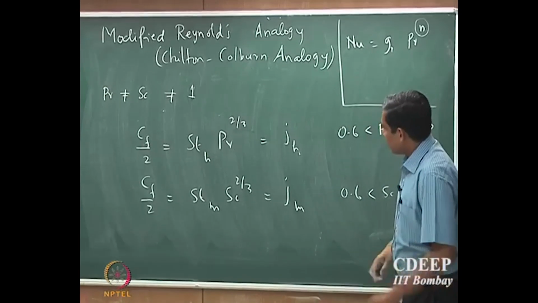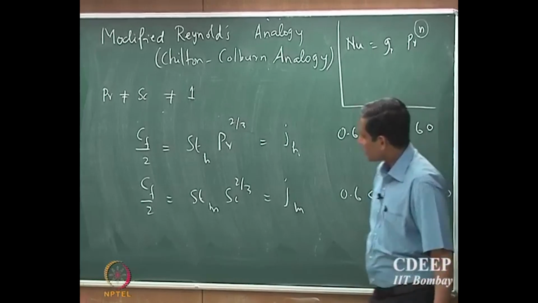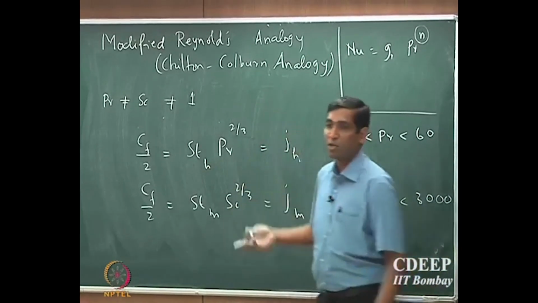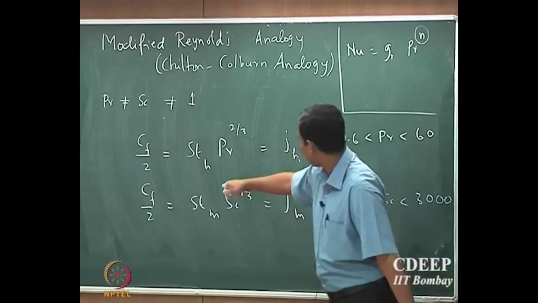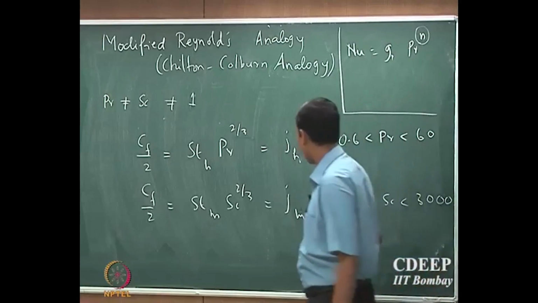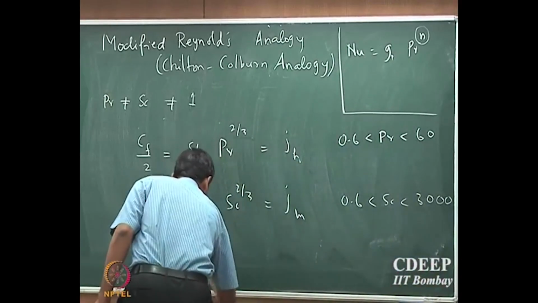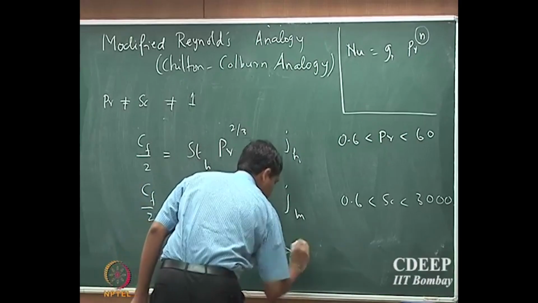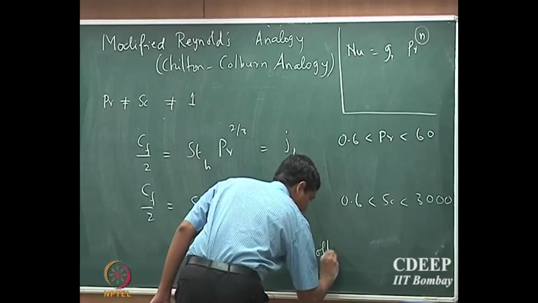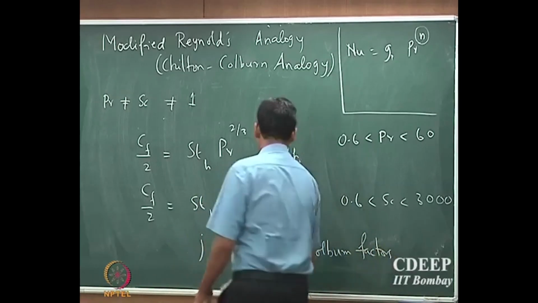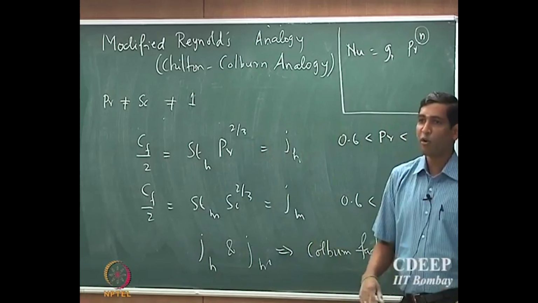Okay. Now, this is the analogy: Prandtl number to the power of 2 by 3 multiplied by the Stanton number gives you what is called the Colburn factor. So this J is called the Colburn factor, and these two are called the Colburn factors.